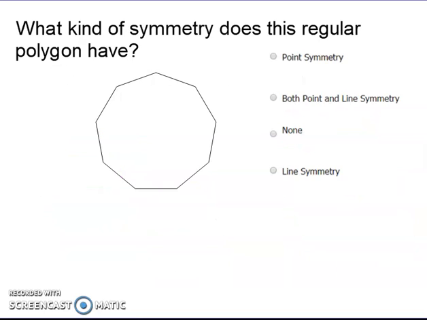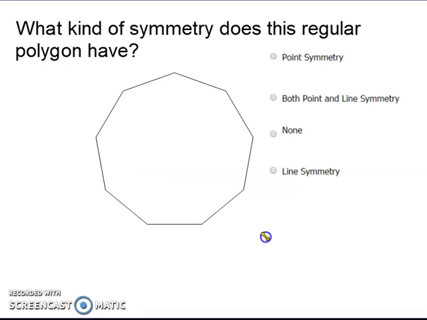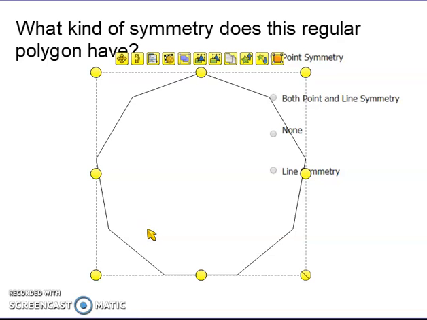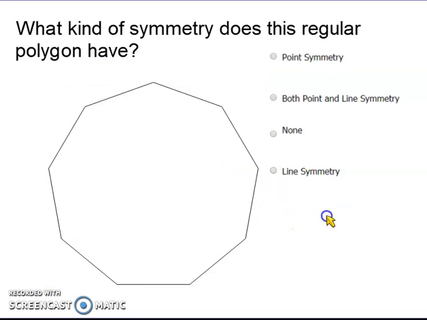So, if we look at our first one, we want to know what kind of symmetry does this have. Now, line symmetry is something you guys have been doing since you were little, and we want to know, does it have point and does it have line? Well, let's start with line. If you can find one line of symmetry, automatically it has line symmetry.